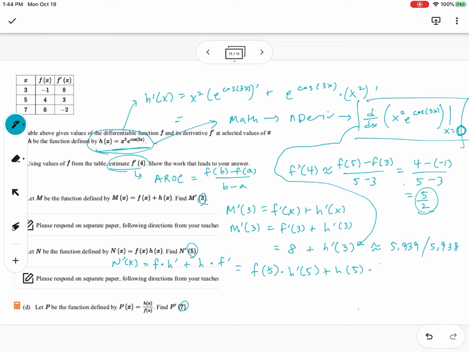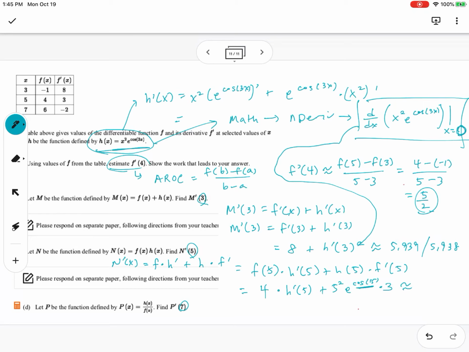So that's equal to f of 5 times h prime of 5 plus h of 5 times f prime of 5. And so when I jump over to 5, I get 4, and then I get 3. And then h prime of 5 is the one that I need to type into my calculator. And then the h of 5 is just 5 squared times e to the cosine of 15. And make sure you're in radian mode when you type that out, okay?